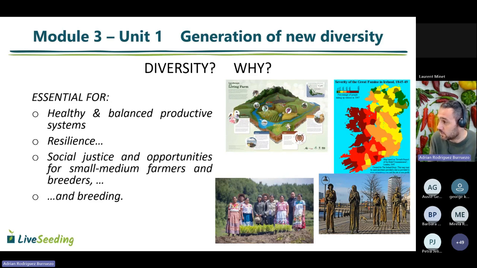So diversity in crops is essential to guarantee food security. The more diverse our food productive system is, the more resilient it is against new events, new pathogens.